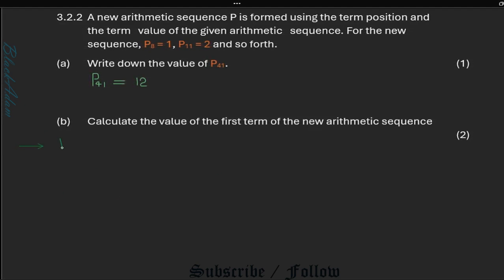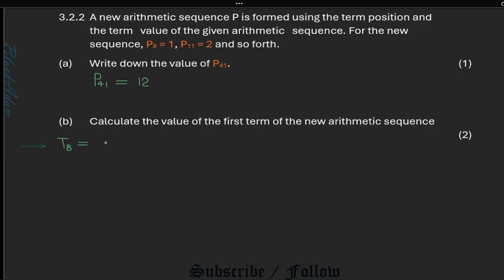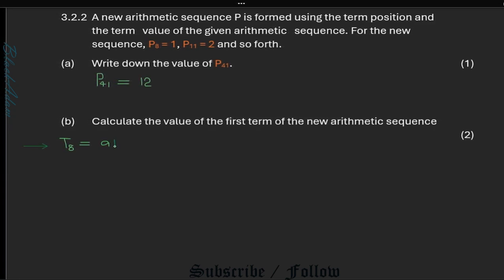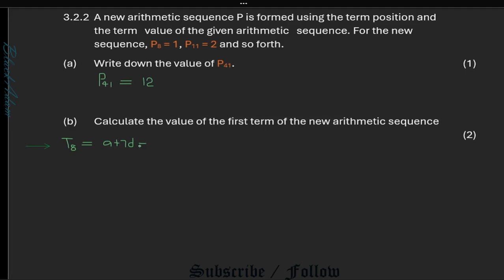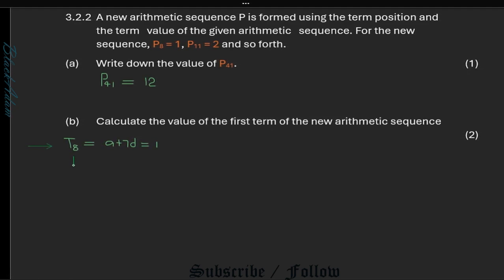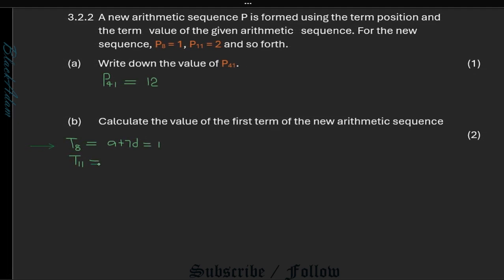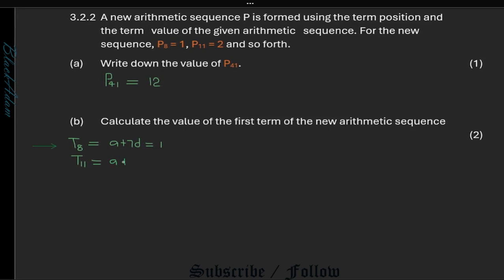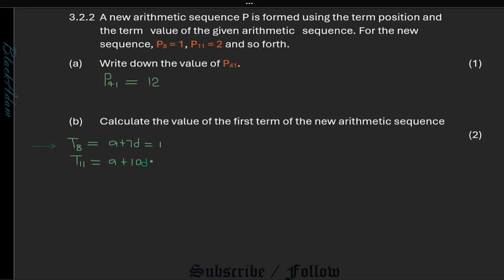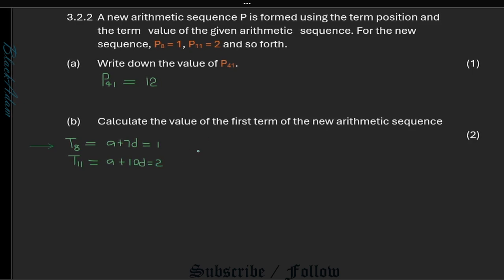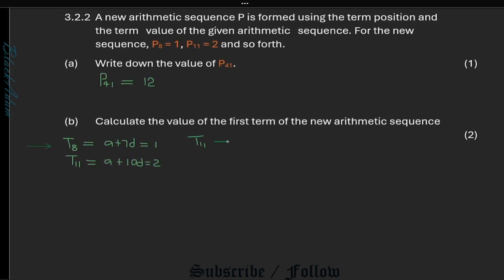The values we have: T8 is equal to A plus 7D. So we put in the general formula there, A plus n minus 1 multiplied by D. So 8 minus 1 is 7, so T8 is A plus 7D, T11 is A plus 10D, that is equal to 2, and T8 is equal to 1.